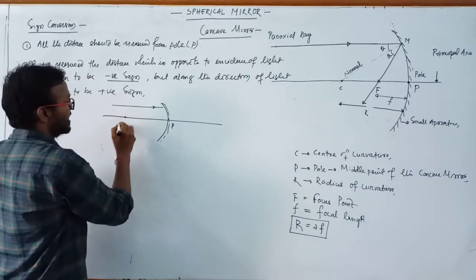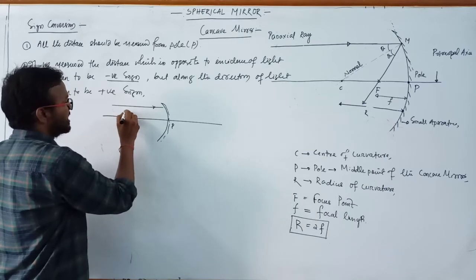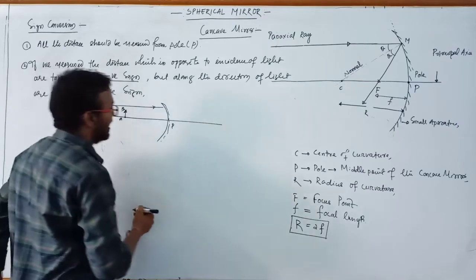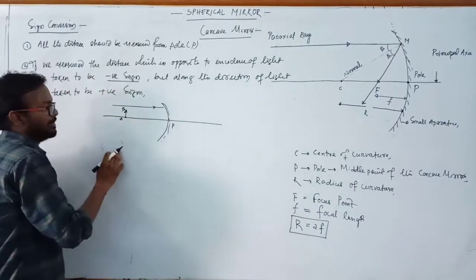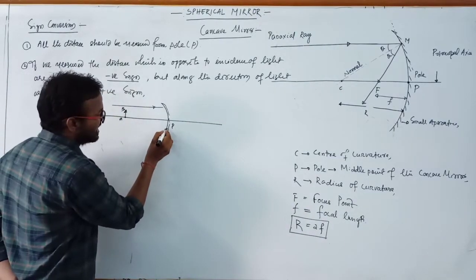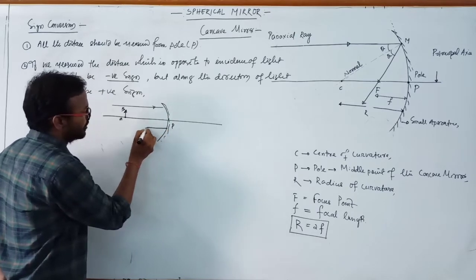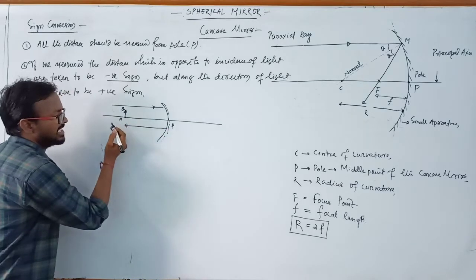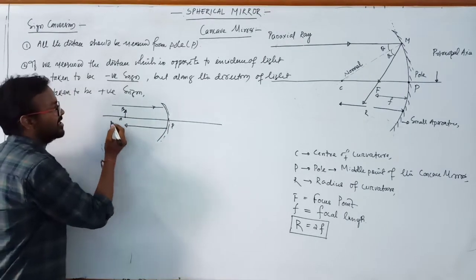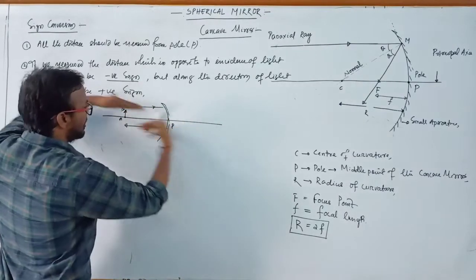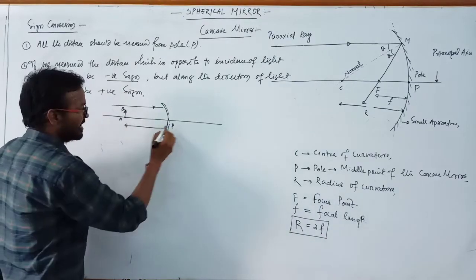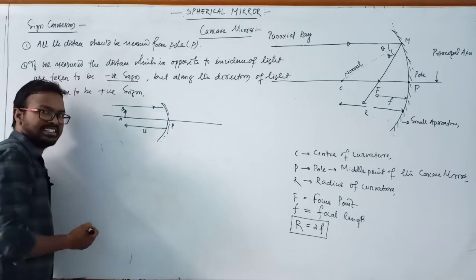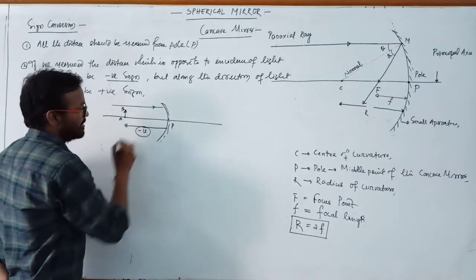Suppose we have an object AB here. Now we have to measure the distance of AB from the pole. We start measuring from the pole to the object, and this is opposite to the direction of the incident ray. If we take this distance, suppose u, because this is the object distance, then we have to take a negative sign here.